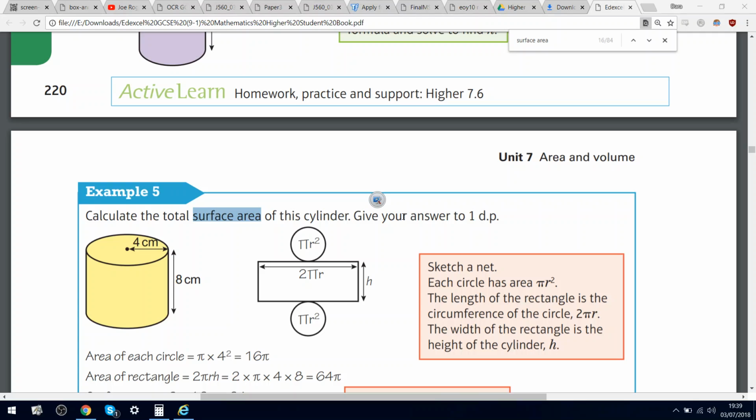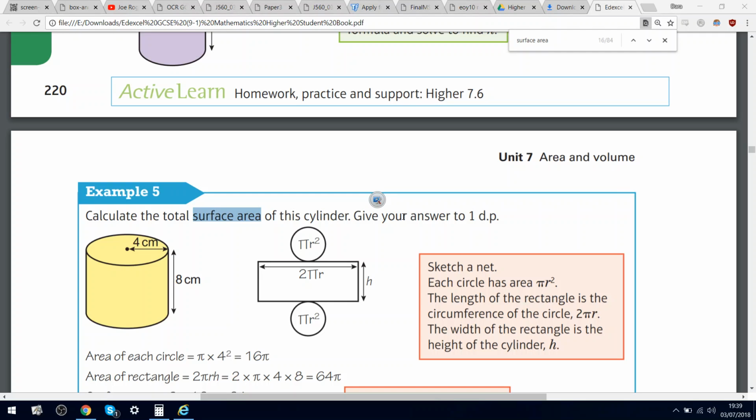So we want the area of the circles first, and then we get the circumference times the height. So the area of the circles would be 2 outside the bracket, and then we have pi times 4 squared, which will give us 32 pi. I'll write it as pi just so we can round it at the end, so it's accurate.